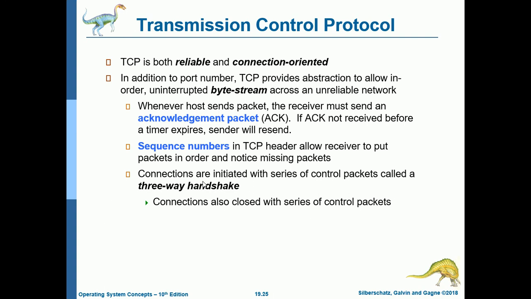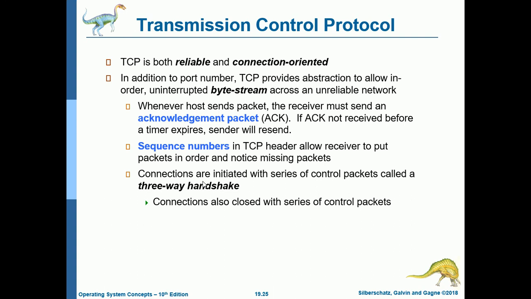If the acknowledgement is not received before a timer expires, the sender will resend. That means the sender assumes the receiver did not receive the packet, so the sender will resend it again.